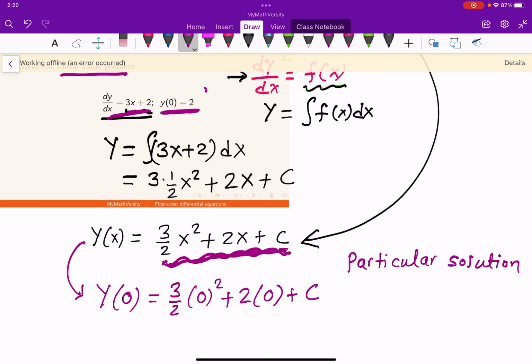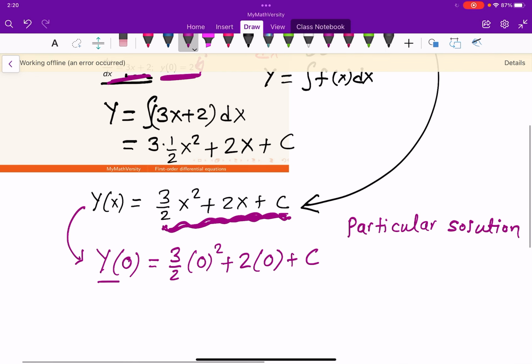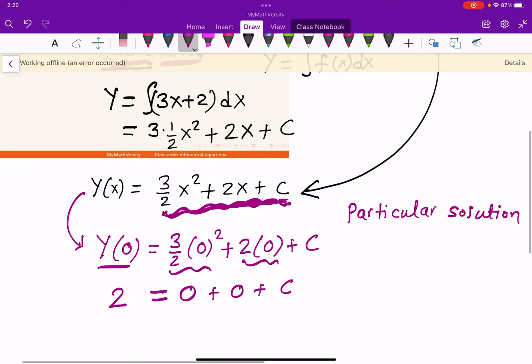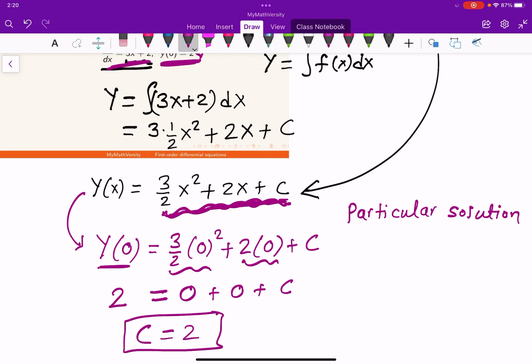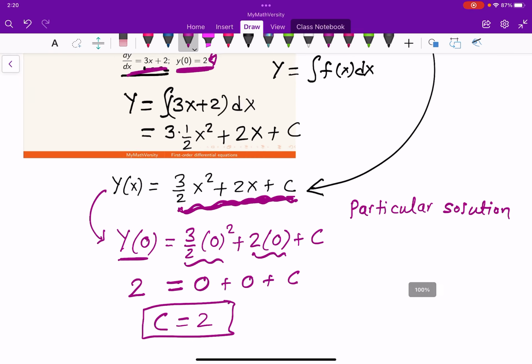But according to this condition, y at 0 has to be 2. So 2 equals 0 plus 0 plus c, which implies the value of the constant satisfying that condition is 2.